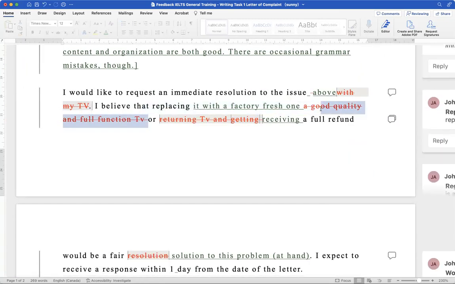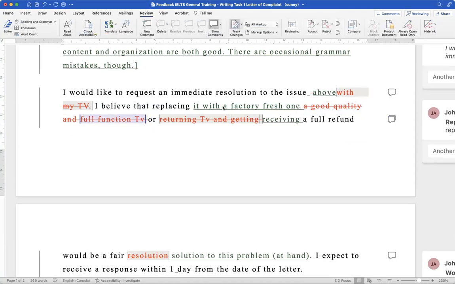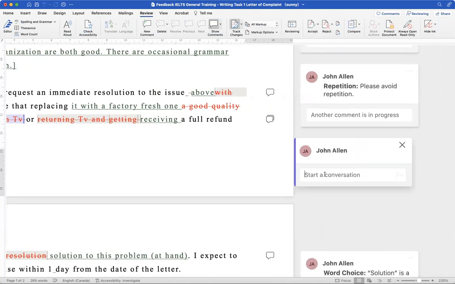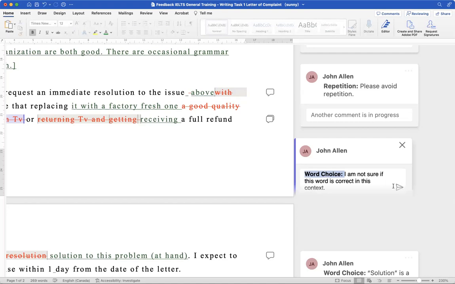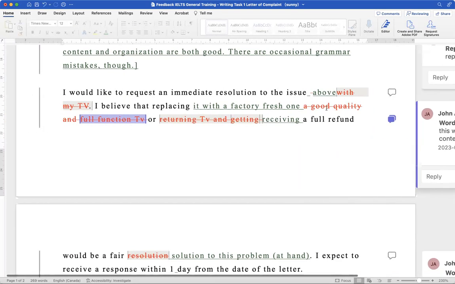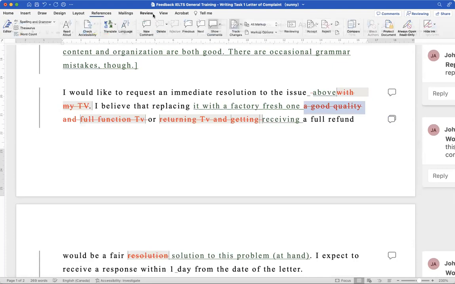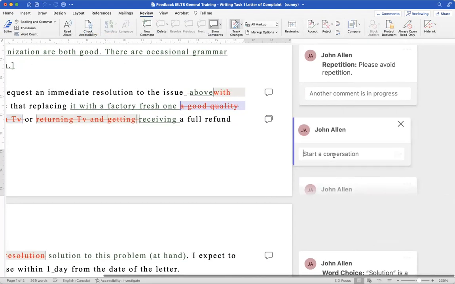Okay, a full function TV. A full function TV, I'm not sure of this expression. We have the word full function. I'm not sure if this word is correct in this context. And a good quality, again, it's about content.